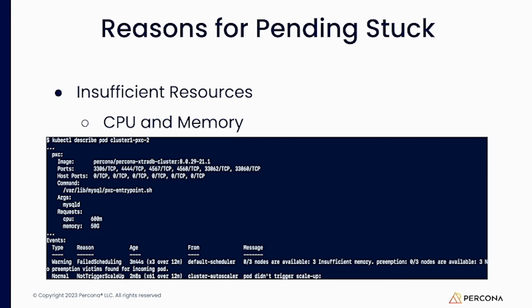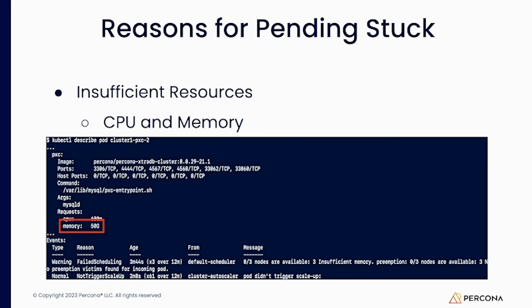So, the causes of pending stuck. This is a really common issue: insufficient resources, mostly CPU and memory. You can see in the example, in kubectl describe pod, the container section shows the memory request, which says 50 gigs.